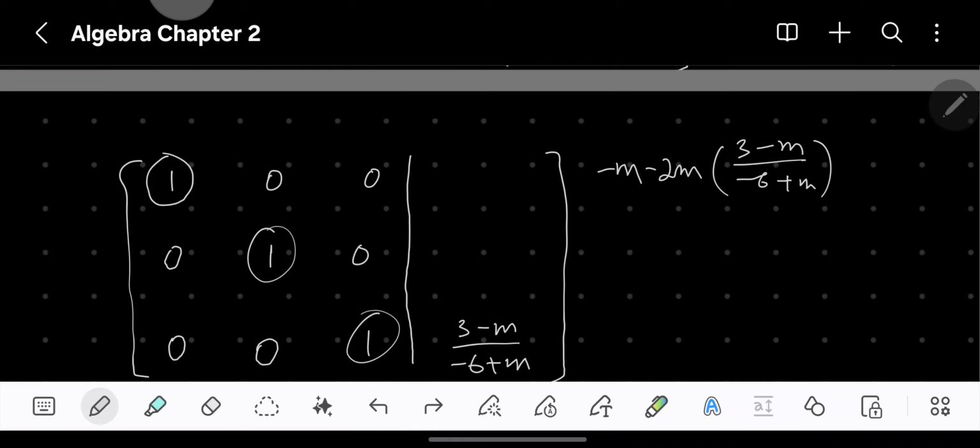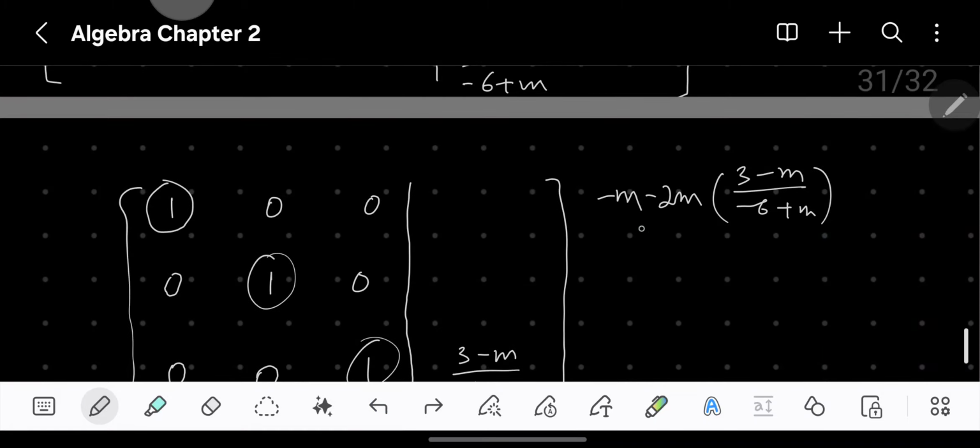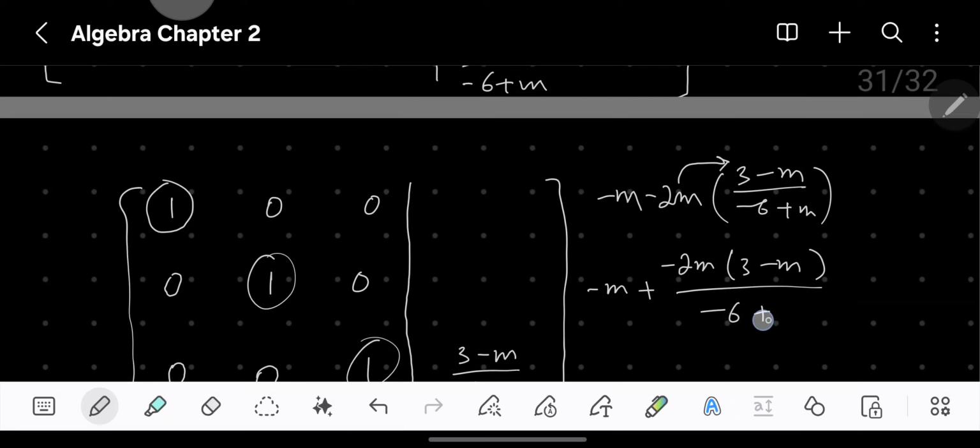Okay. So this is minus 6 plus m. Okay, I can write minus m minus. I will multiply this thing with this one. Okay, I will write plus minus 2m times 3 minus m divided by minus 6 plus m.